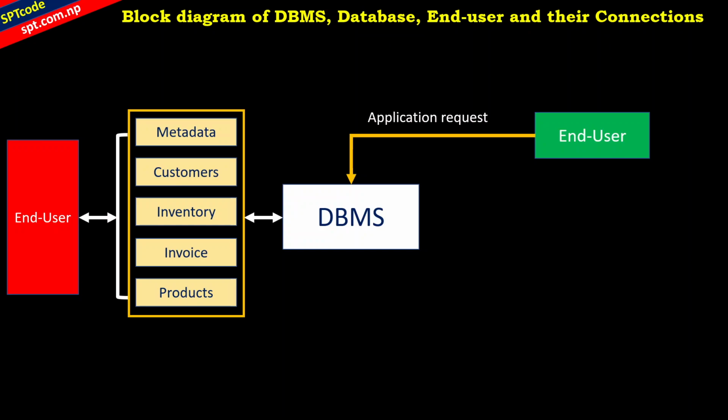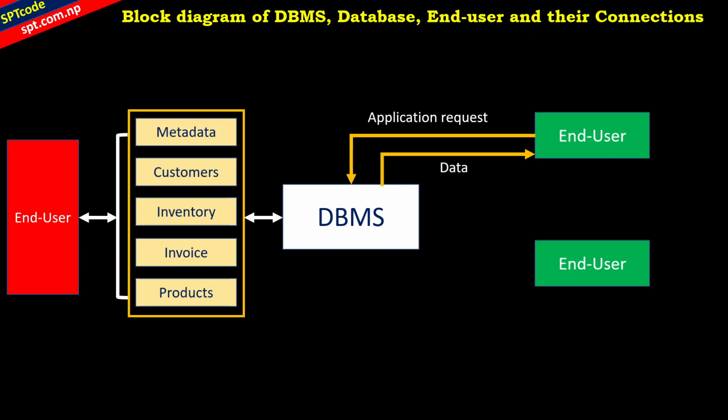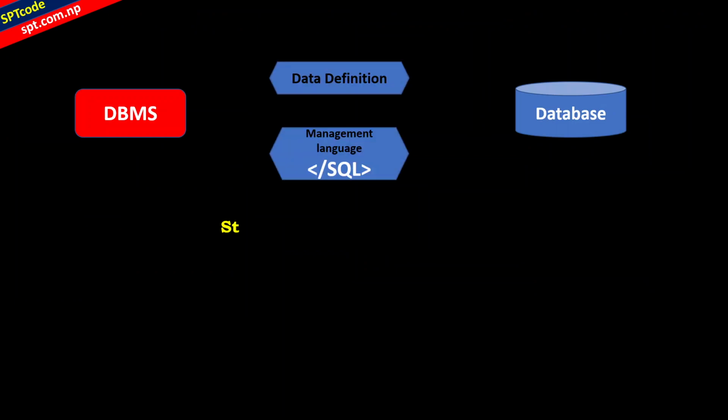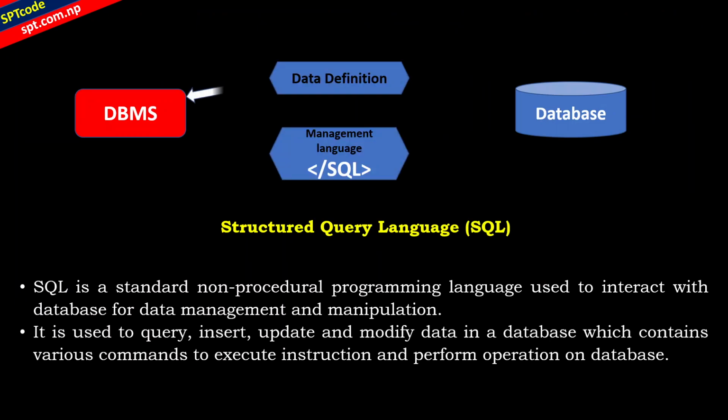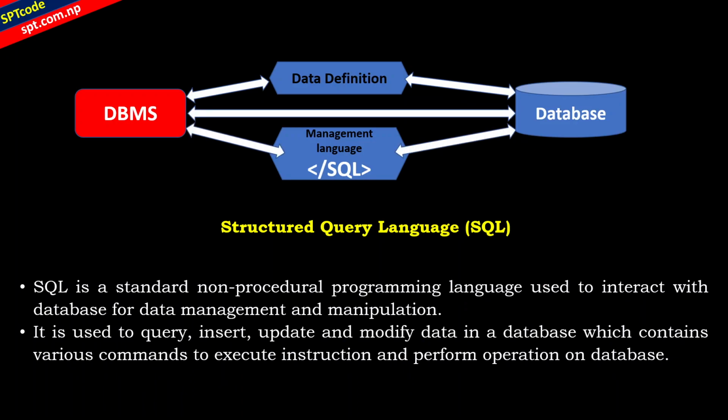When you send the request, it provides the data, or says that it's not available. So it communicates like this. Here the main system is the DBMS, and that database language is what we call the SQL language.